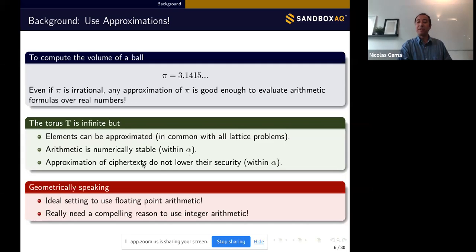And if I approximate a ciphertext, I will never lower the security. So from a geometrical point of view, TLWE is an ideal scenario to use floating point or fixed point arithmetic. And we would really need some compelling reason to exit that and try to use modular arithmetic instead.